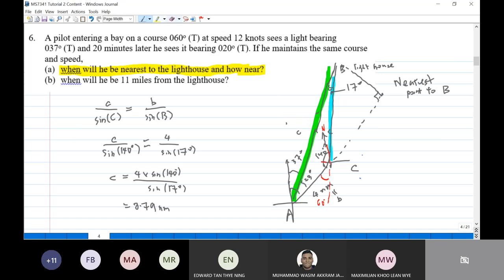So I know this 8.79 now, so I can put it down here. You can write 8.79, 8.8. Okay, nautical miles.